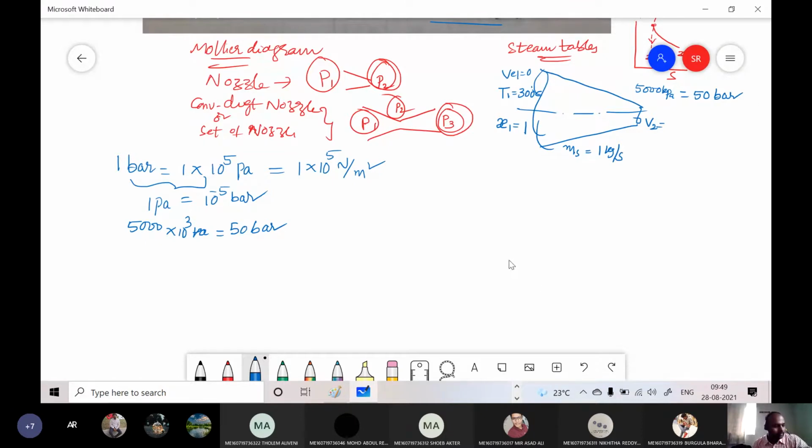Please respond. Yes, sir. Right, now first we will solve the problem by using the steam table, then we will solve by using the Mollier diagram.